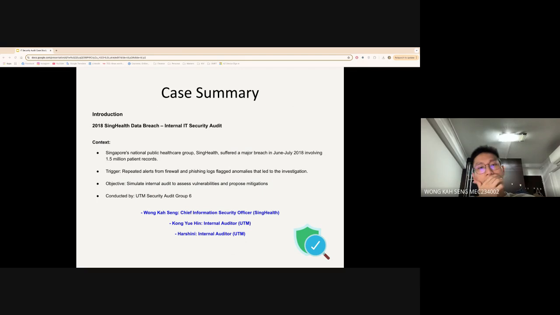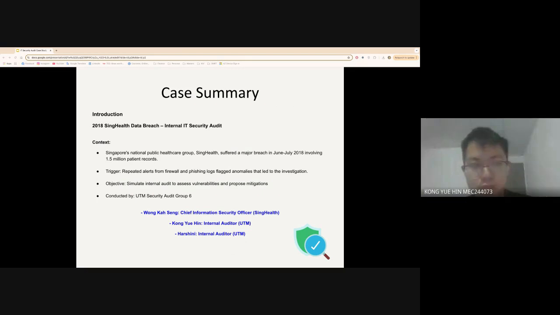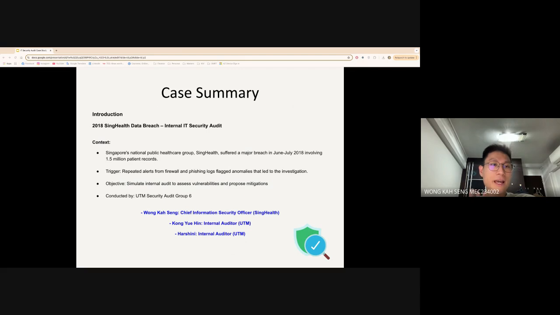This audit was triggered by a pattern of repeated firewall alerts. There were multiple phishing activities at that time, and these failed. My team failed to raise the appropriate response to these patterns. Ultimately, we allowed these threats to infiltrate our systems, and they went undetected for days.